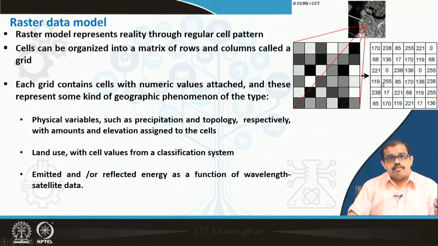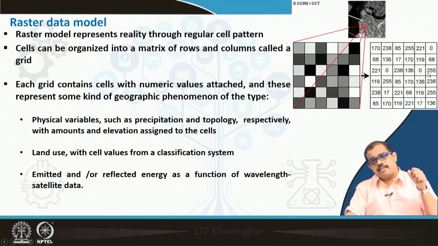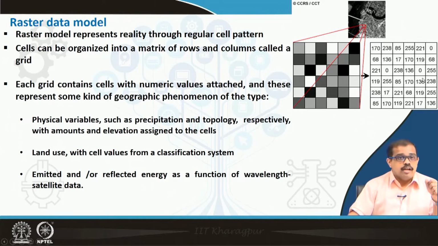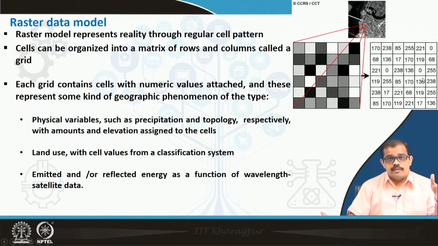If you are looking at emitted or reflected energy as a function of wavelength in satellite data, then this is the amount of reflected energy captured by that satellite. It can even be land use with cell values from the classification system. It can be any other thing that is being represented, but it is continuous data.